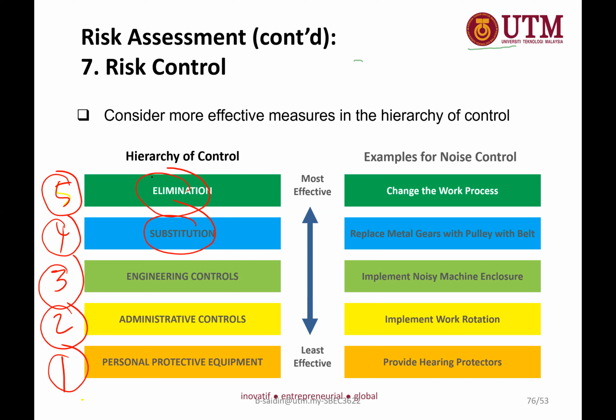Then basically in this situation, we give example of a noise. Sometimes when you are working with certain machinery, it is very noisy. And when that machinery is getting old and older, it will get more noisy. So substitute. If you substitute with a different part of the machinery, then basically it's going to work perfectly. Then you eliminate the source of noise. Then engineering control.